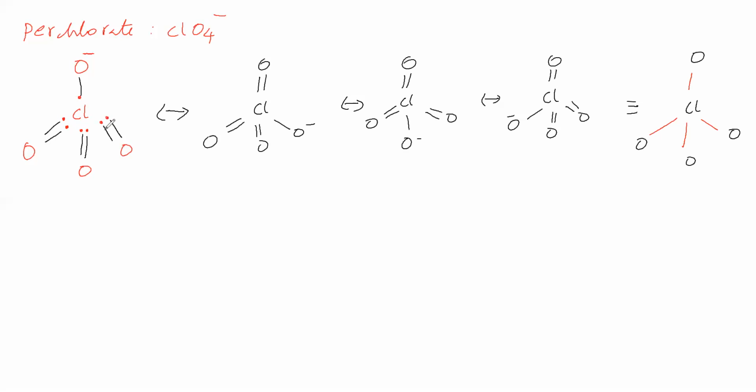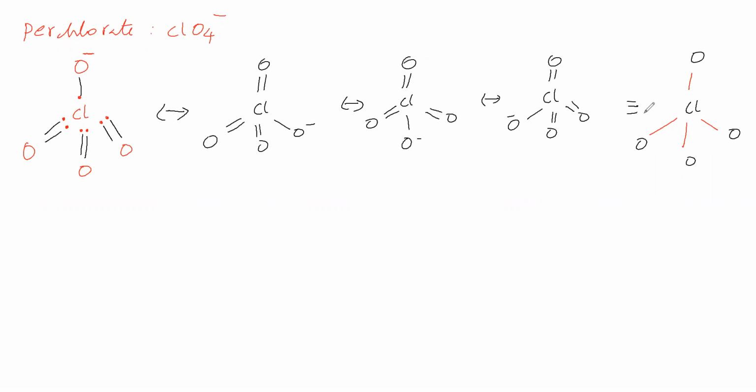Then here 3 pi bonds are there, here no pi bond. So what we will do is distribute all the 3 pi bonds equally into all the places.